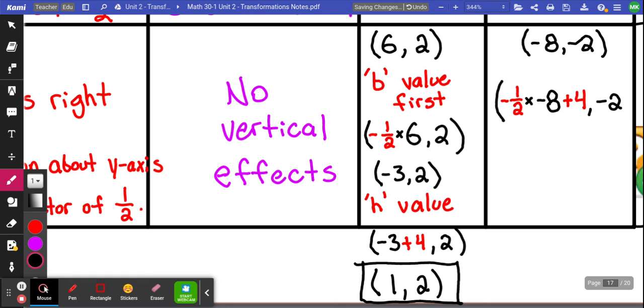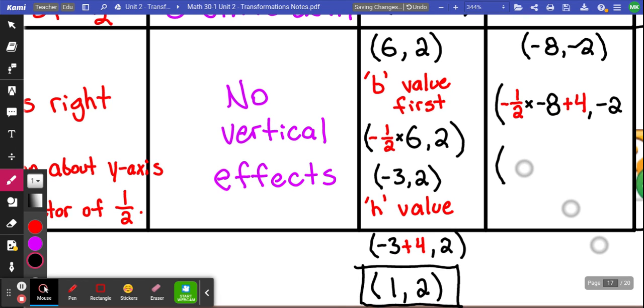Multiplication has to happen first, then you would do your addition, right? The order in which you do transformations matters. It must follow BEDMAS. Multiply, then do your adding. B value, then your H value. This point would move. -1/2 times -8 would be +4. Add 4 more, it goes to +8, comma -2.